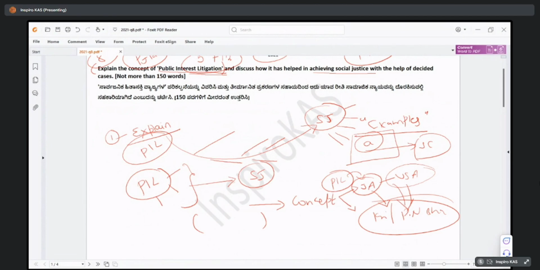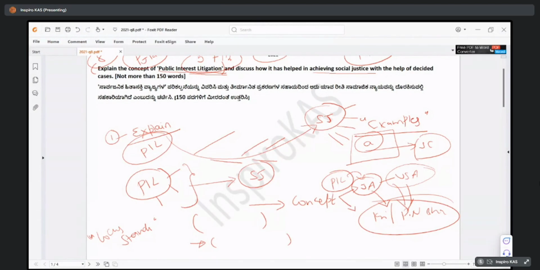So why is this important? My next paragraph is going to address that. In any judicial case that you want to file, we have something called locus standi, meaning what is your standing in this, like are you a person who is losing from it. So my second paragraph would address this issue: public interest litigation takes away the traditional locus standi, which says that only the person whose rights are infringed can go to court.